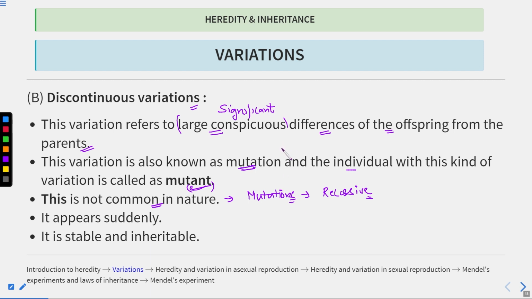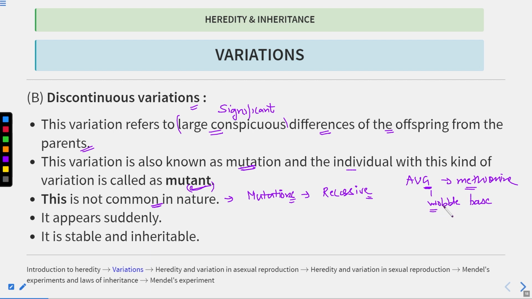If you know about the codon, suppose AUG is the codon that codes for methionine. This last base is known as the wobble base. If there is a change at this third base, then there are chances that it will code for the same amino acid only.